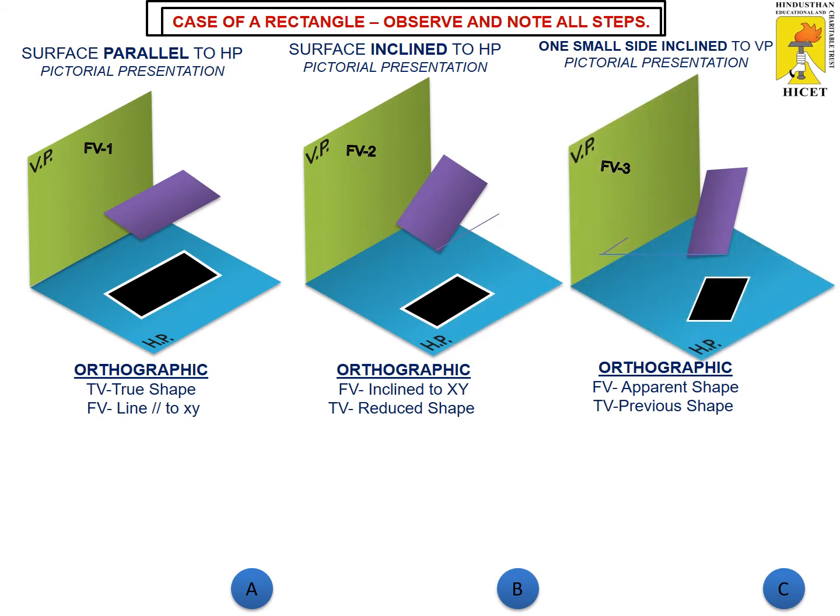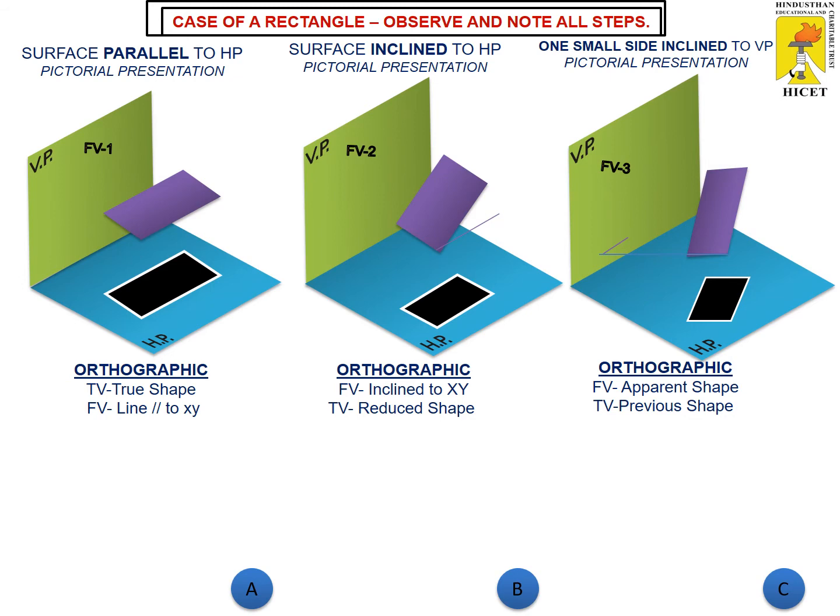The green color box represents the vertical plane, and the blue color box represents the horizontal plane. A vertical plane means a view from the front, a horizontal plane means a view from the top. Like that you have to decide it.